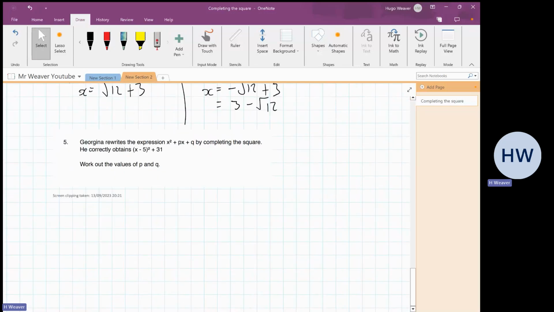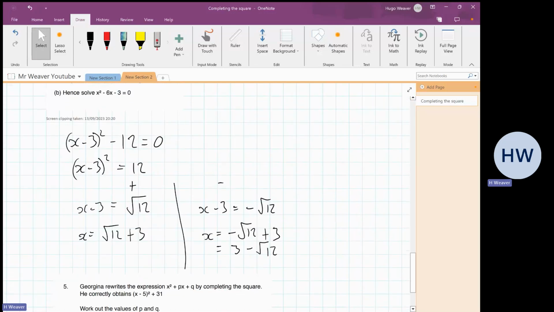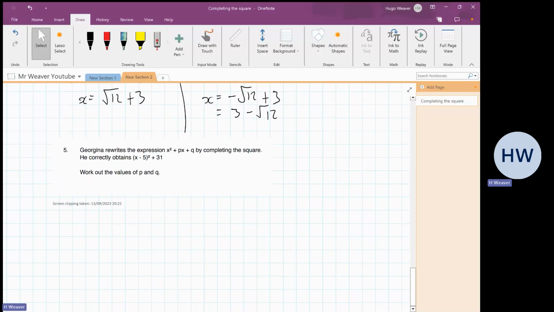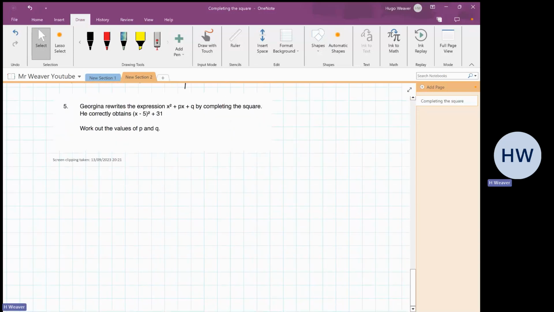Hey ho. Now, I've skipped question 4, just because it's pretty much all the same thing. But if we have a look at question 5, this is actually a really nice question, because now you have to do the inverse of it. If you understand how to do questions 3 and 5, you'll be able to do pretty much all of the questions at GCSE.